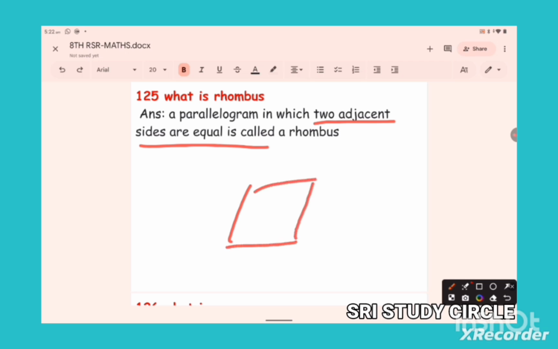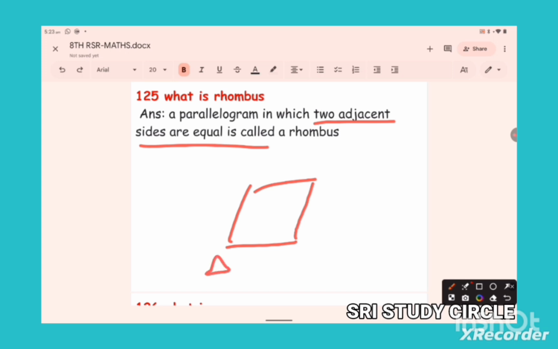A parallelogram or a quadrilateral having all sides equal, opposite sides parallel, and opposite angles equal is known as a rhombus.